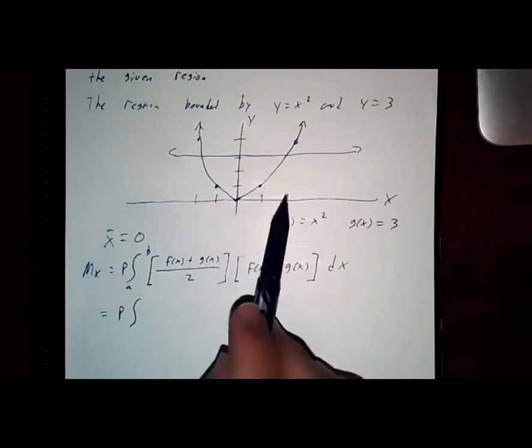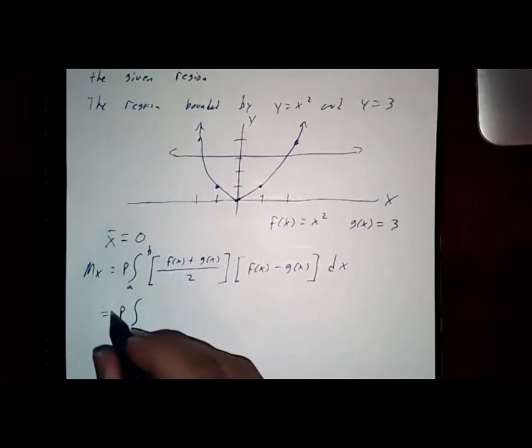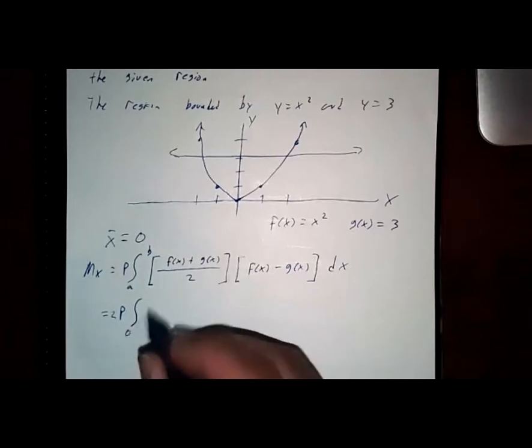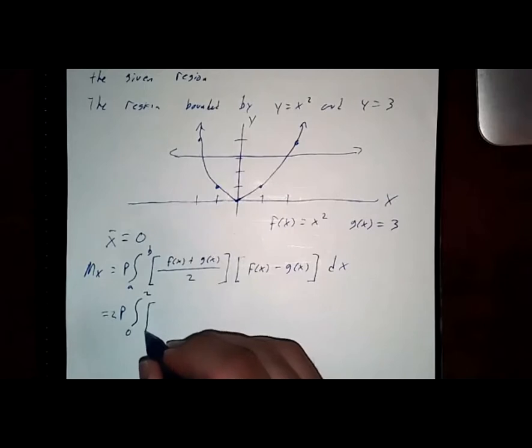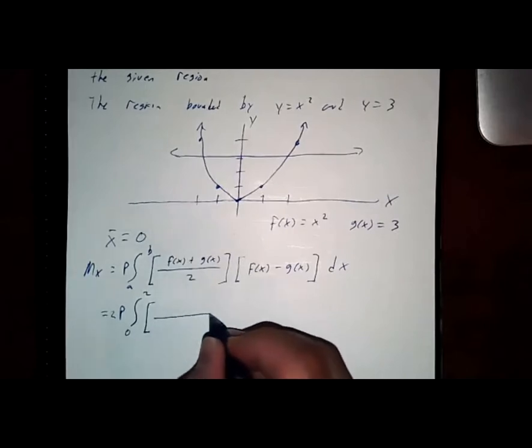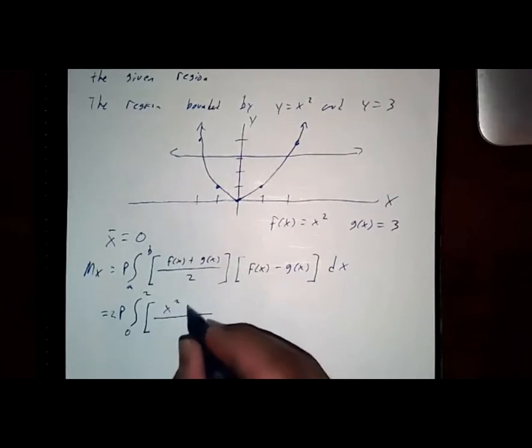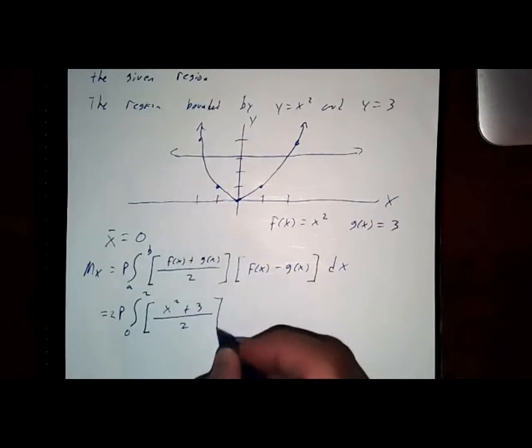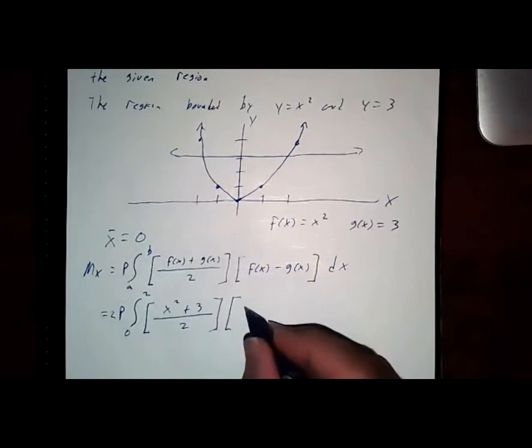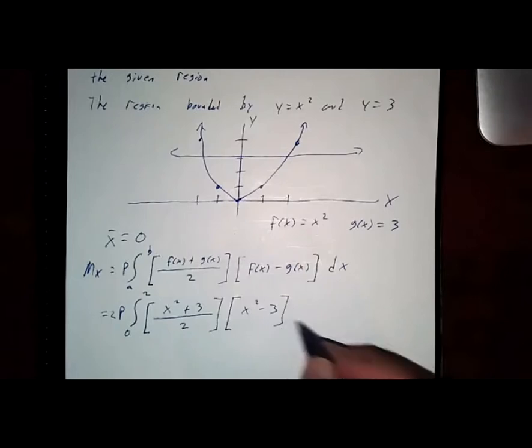So this will be the integral from, we could do 0 to 2 and double that, right? So let's put a 2 there. 0 to 2, since it's symmetrical, makes the integral easier. It's x squared plus 3 over 2 times x squared minus 3 dx.